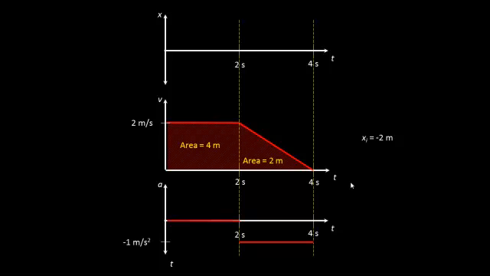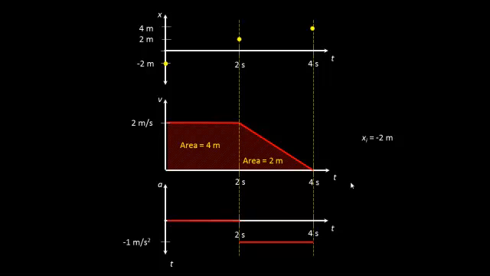So we can plot our points. We begin at negative 2 meters. After the first 2 seconds, we have traveled a positive 4 meters, so we go from negative 2 to a position of 2 meters. And then after the next 2 seconds, we displace another positive 2 meters. So again, notice that the area under the curve gives you the displacement, not the position.